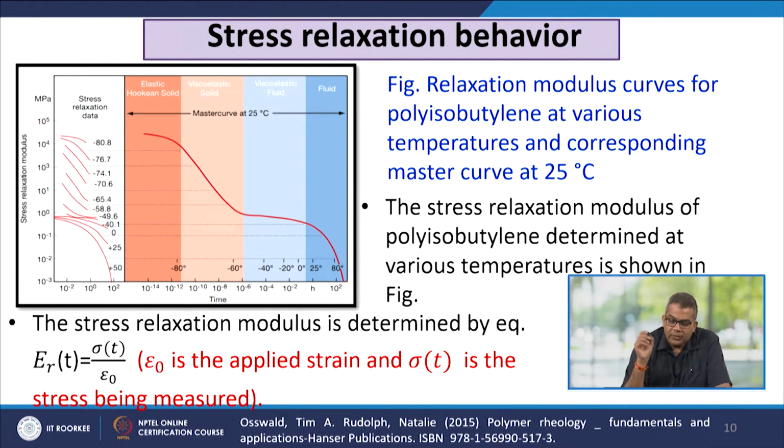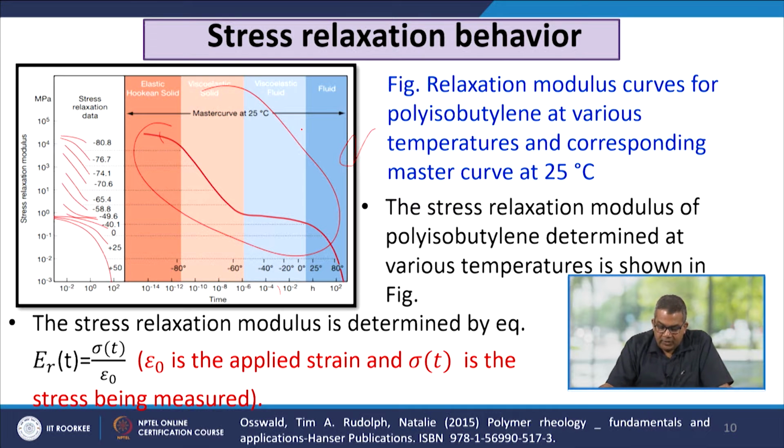Now, this particular figure represents the relaxation modulus of polyisobutylene at various temperatures and the corresponding master curve at 25 degrees Celsius. The stress relaxation modulus of polyisobutylene is determined at the various temperatures shown in this figure.